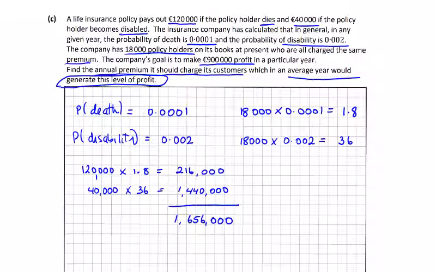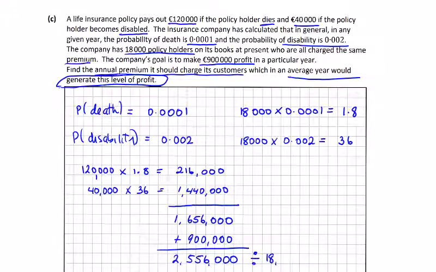So they have to generate 900,000 profit. So the premium has to bring in 900,000 more than they're going to have to pay out. So it's going to be 2,556,000. So we just have to divide by the 18,000 policyholders to get how much they're all going to pay. And that will be 142 euro.